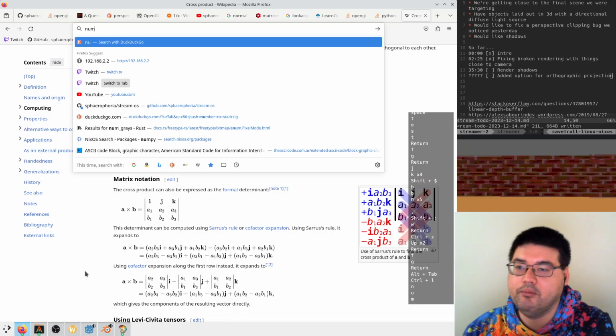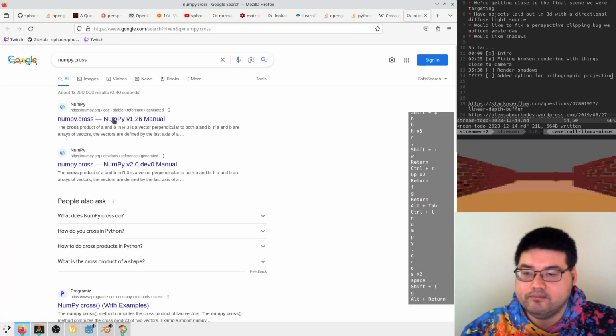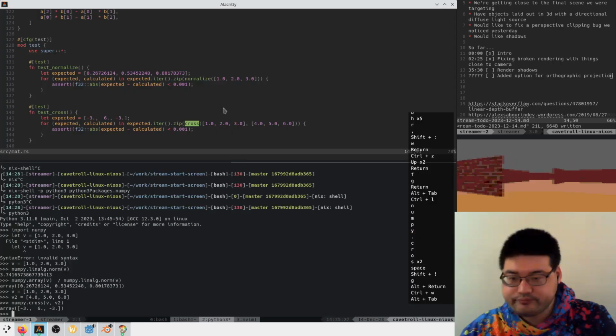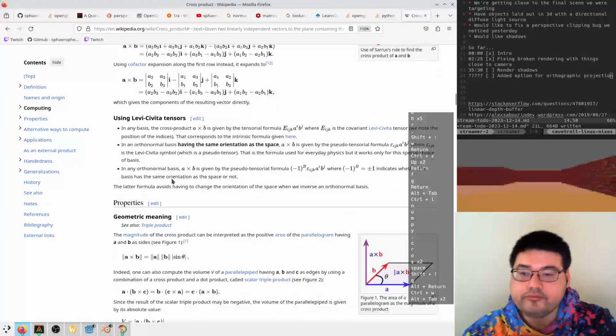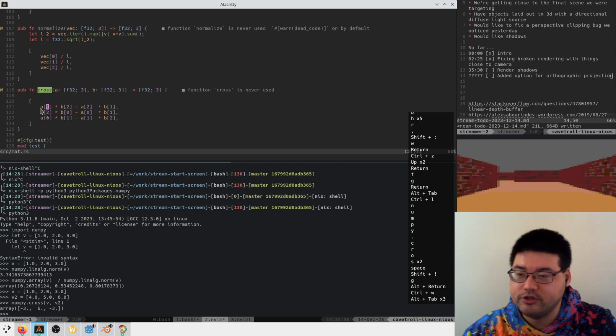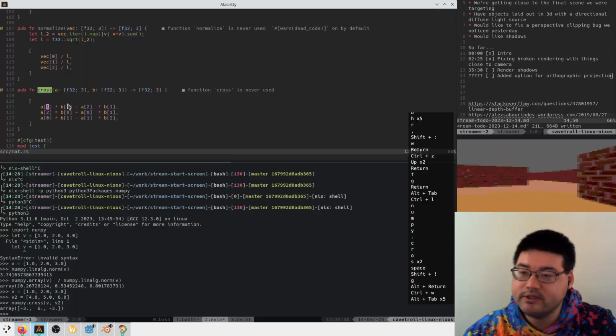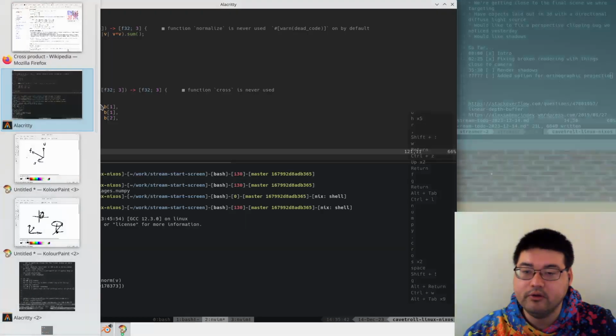Let me just double check that numpy.cross is indeed the cross product that I expect it to be. Cross product of A and B. So is it possible that I just messed up again? A2, which is 1 when 0 indexed, B3, minus A3, B2.